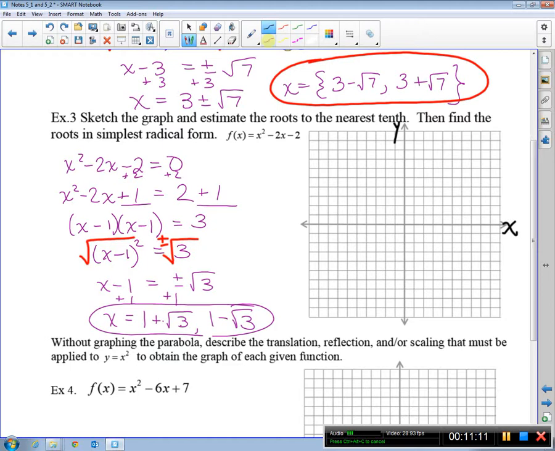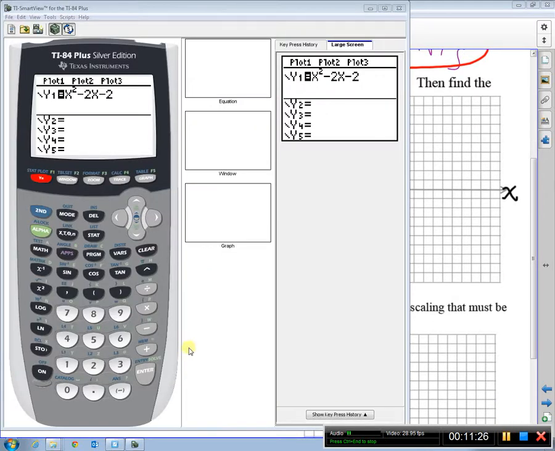Let me put this into my calculator, so take a moment and put it into your calculator. Let me see if I can pause the video for a sec and get that up here. Okay, so I put the equation into my calculator, x squared minus 2x minus 2.